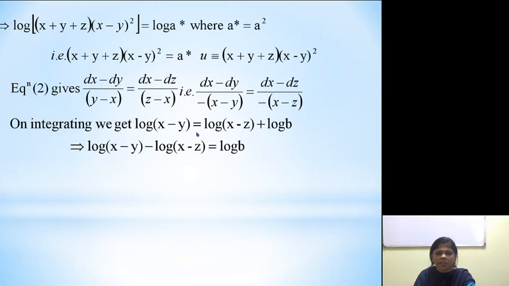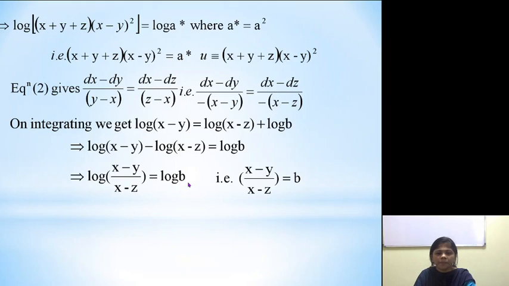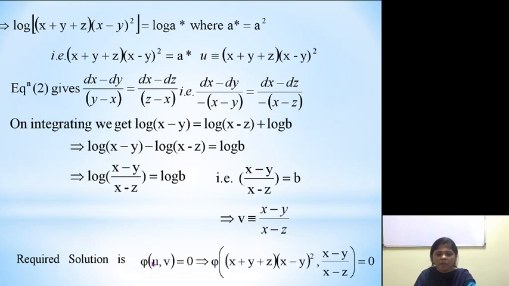The minus sign will get cancelled. So on integrating we get such type of terms. Therefore log a minus log b, so log of a by b. So we get a second solution. Therefore the required solution is phi of u, v equal to 0. Substituting u and v, we get the required solution.